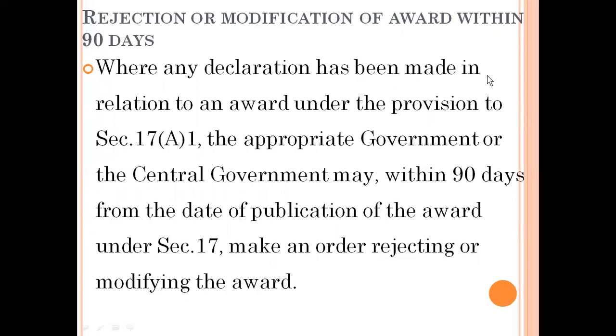So the central government has the right to reject or modify the award of any adjudication authority within a period of 90 days.